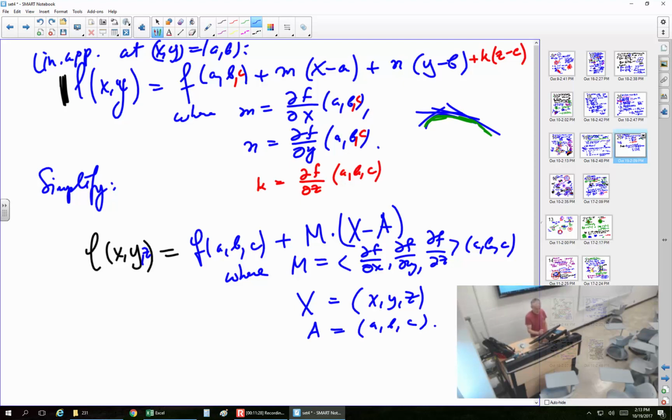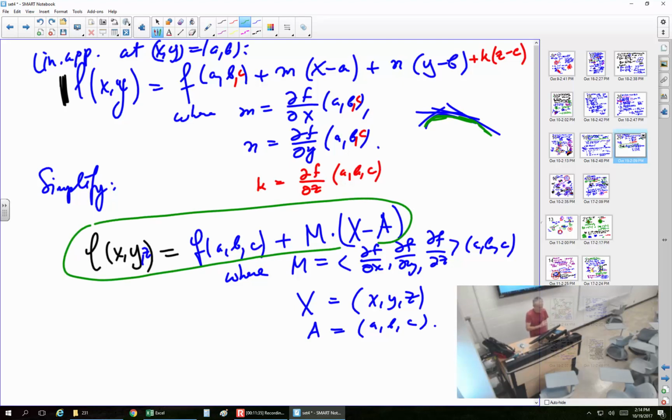And then the whole representation of the linear approximation of the function becomes very compact.